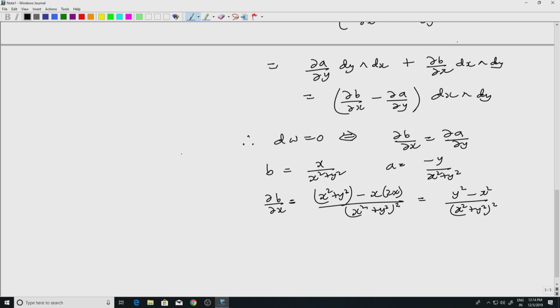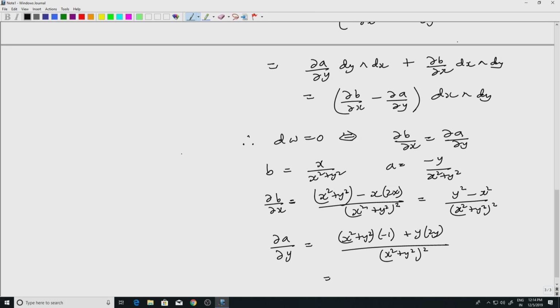And if I do it for this, del a by del y will be similar. So x squared plus y squared, here I'll get a minus 1, minus, so plus, it becomes plus 2y, and then x squared plus y squared whole thing squared.